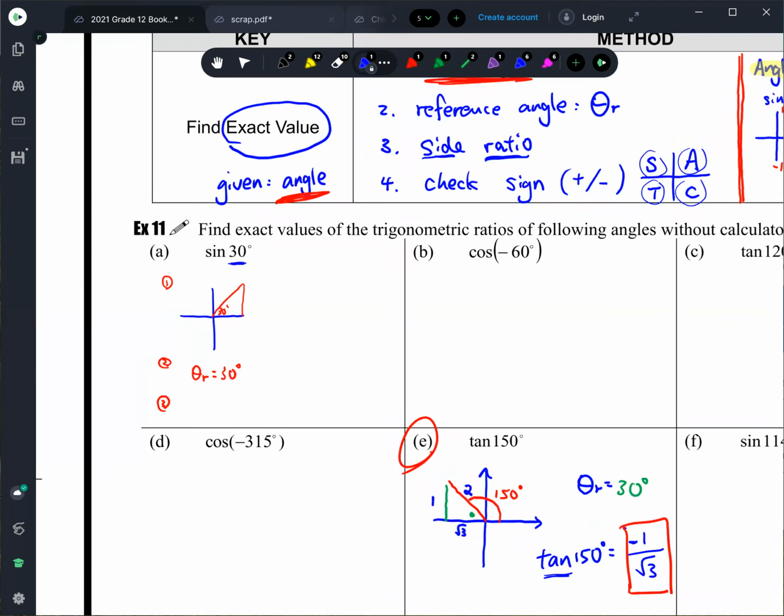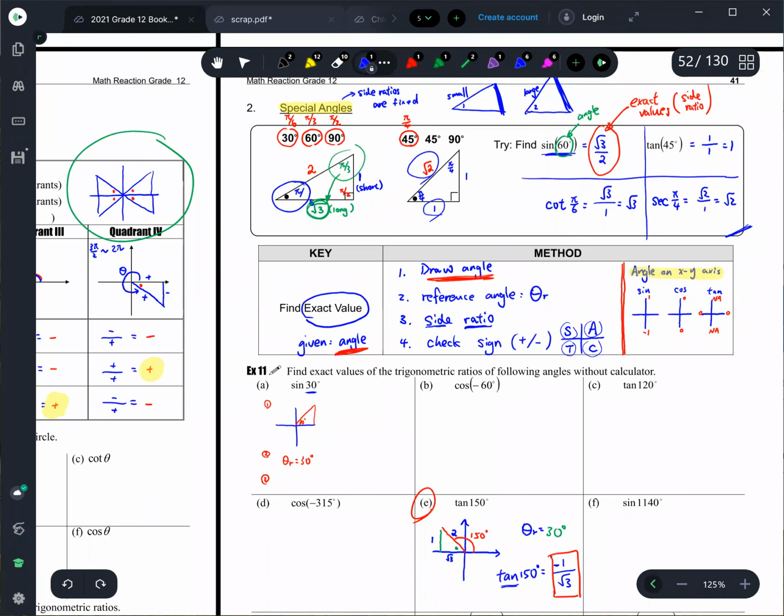It's root 3. Nope. Look at the picture, it's on page 41 on the top. If it's 30°, oh, it's 1. Yeah, okay, 30° is the smaller angle, right? Opposite side will be the shorter one, it will be 1.